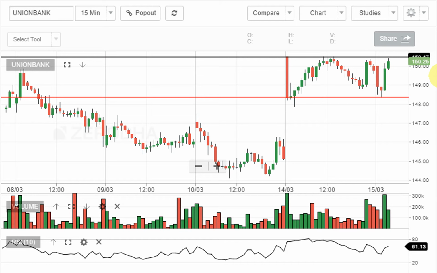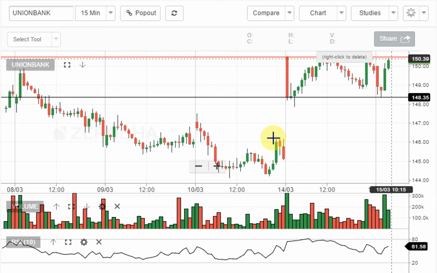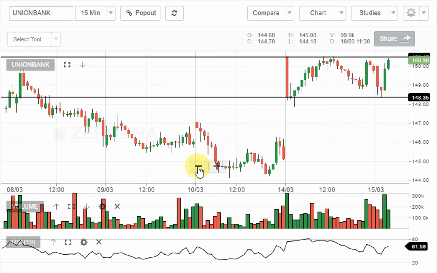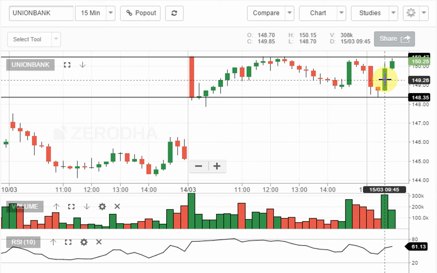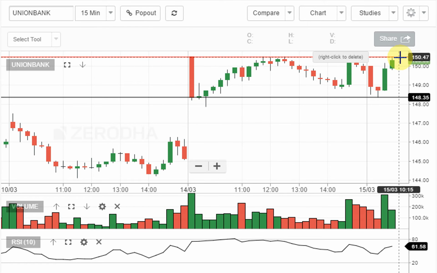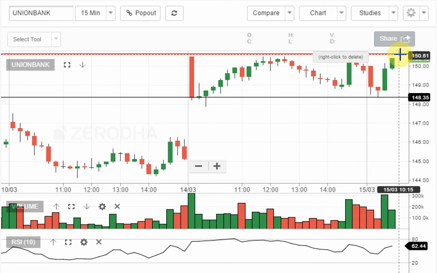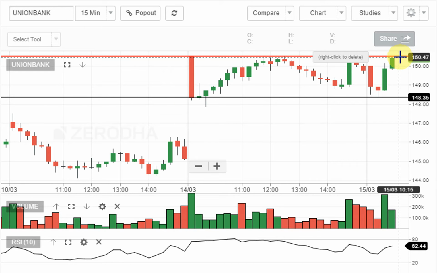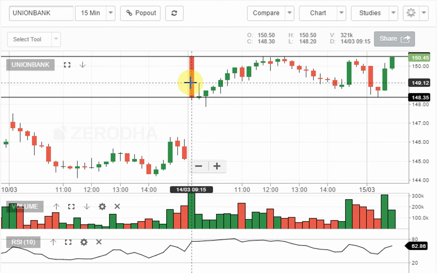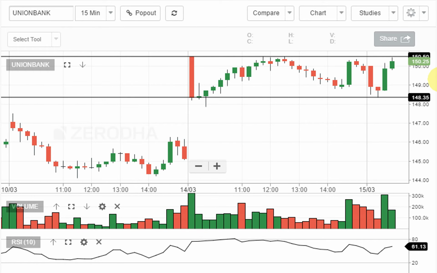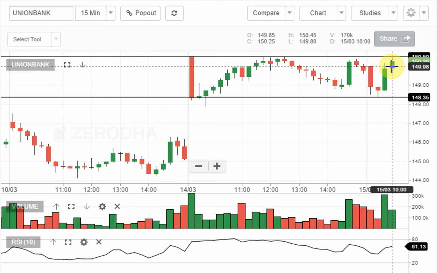So this level is very crucial, which you have to watch now. 150.5. As soon as that is broken, you have to wait. The stock should come back to 150.5 and 150 levels, and take the long positions in Union Bank at these levels.